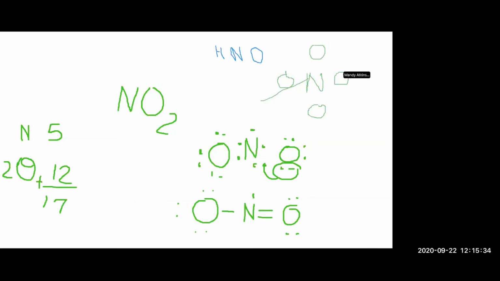I don't know if it actually matters, but this is bonded with the H. And then these all get 1. And then you just add the 6 around them all.